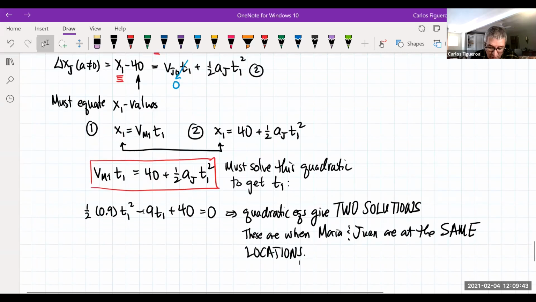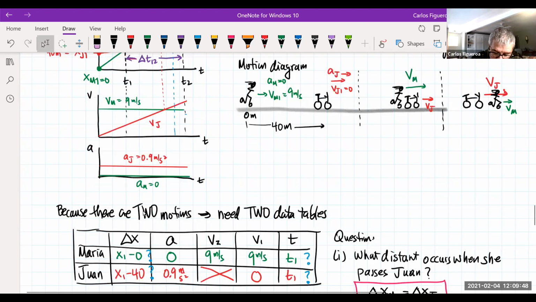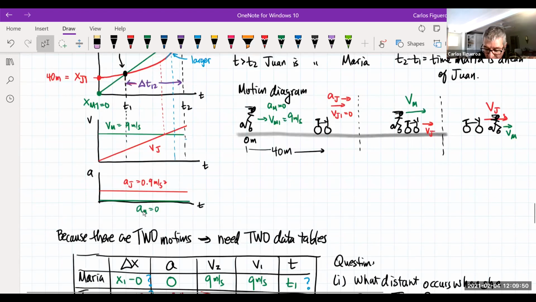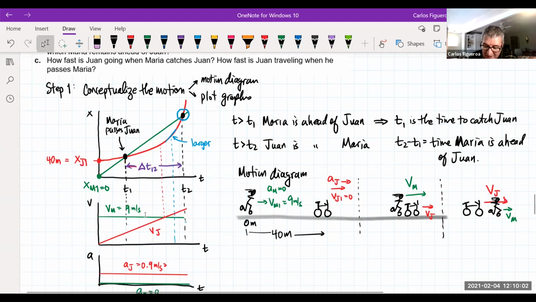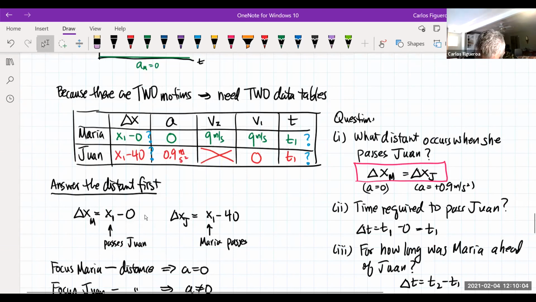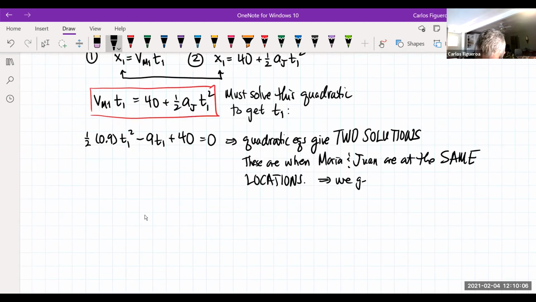If I come all the way over there, look at this point T1 and T2. Those are the points that they are. So what we're actually solving for in the quadratic equation is the time that Maria is ahead and then the time when Juan passes Maria. So if I go back and look at that, those are exactly the times that we're looking at. So in this case, we get both T1 and T2 simultaneously by solving these.